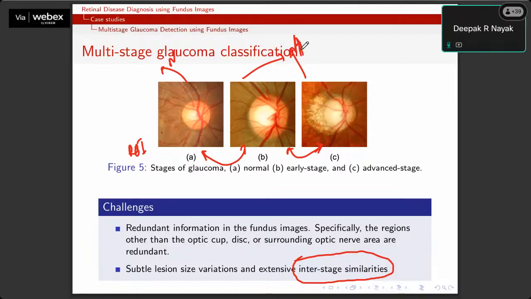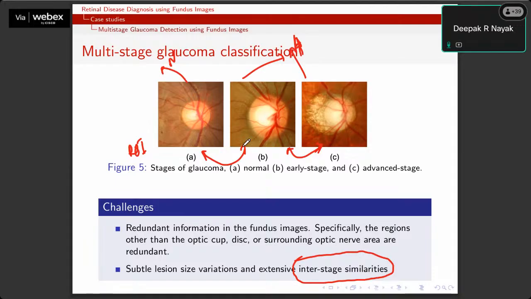That is a comparatively easier task than multi-stage glaucoma classification, where you will find huge similarities among the stages, and very small lesion size and shape variations, especially cup and optic disc lesion size variations, while solving the problem.